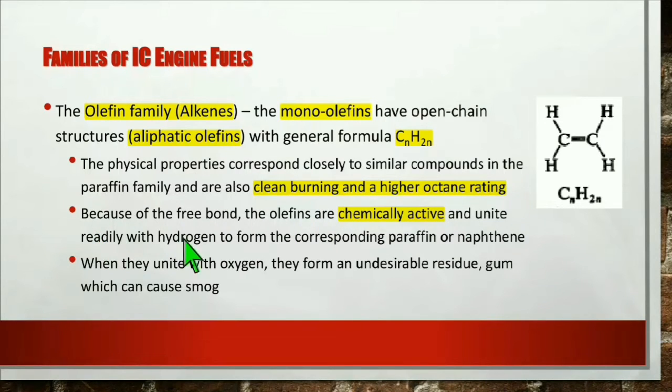Because of the free bond, the olefins are chemically active and unite readily with hydrogen to form the corresponding paraffin or naphthene. When they unite with oxygen, they form an undesirable residue, gum, which can cause smoke.